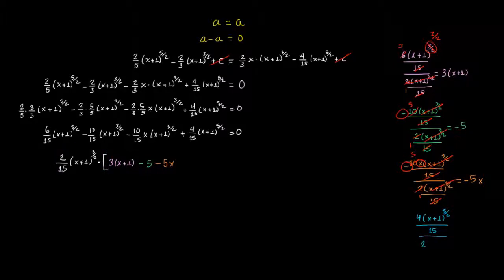So it's going to be 2 times (x plus 1) raised to the 3 over 2, over 15. Okay, now let's cancel out everything that we can. These two will cancel out. This will cancel out with this. We have 1, 2, so it's going to be 2 over 2, and we'll get that at the end.